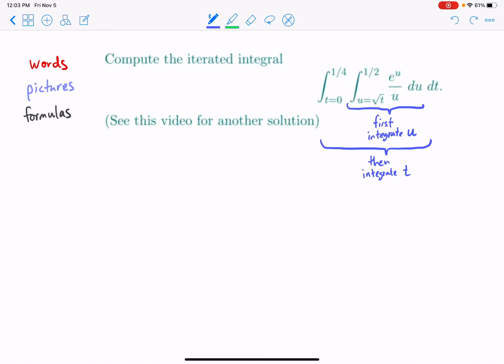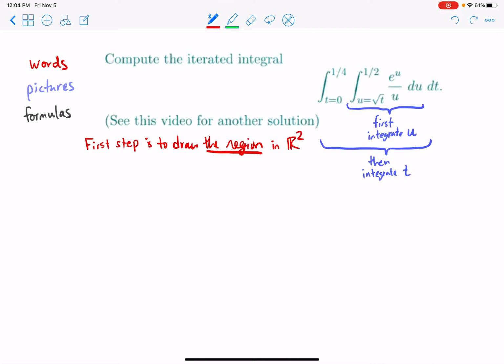So let's first, I'll say in words. First step is to draw the region. The region of integration in R2. Well, we have a u variable and a t variable.